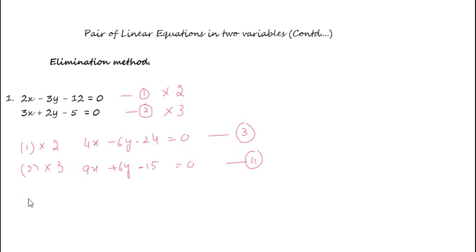Now you add equation 3 plus equation 4. This gives you 9 plus 4, which is 13x, and minus 6y and plus 6y get cancelled. So minus 15 minus 24 is minus 39 equal to 0.